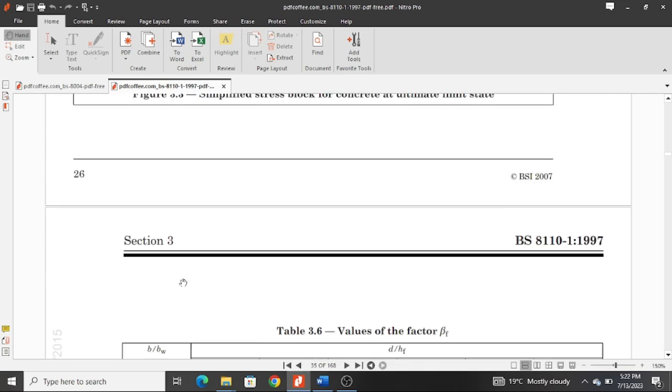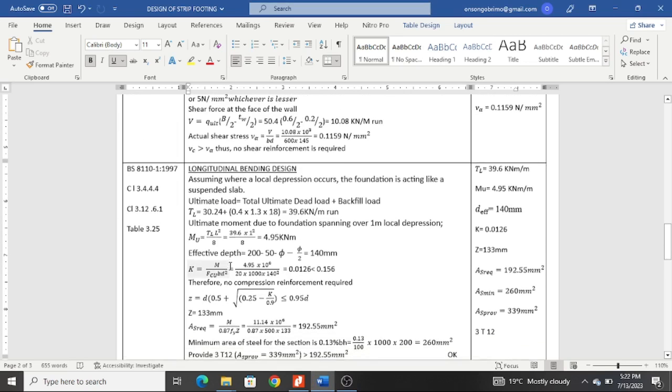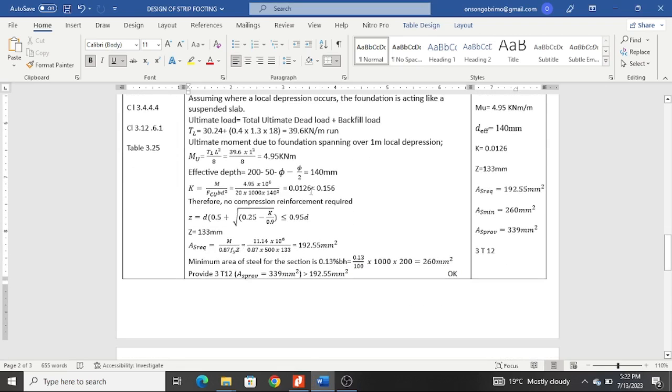You determine K and then use the value of K to determine Z. So after determining K and you find it's less than 0.156, you realize there is no compression reinforcement required, and use this value here, and this will give you a certain value. Let me see. Yes, here also this value was greater than 0.95, so we adopt 0.95.